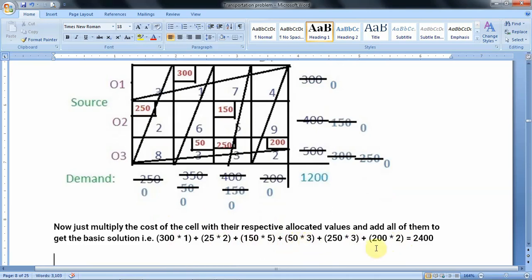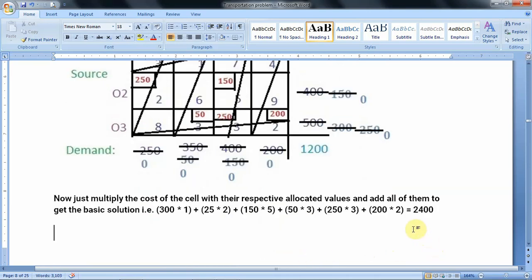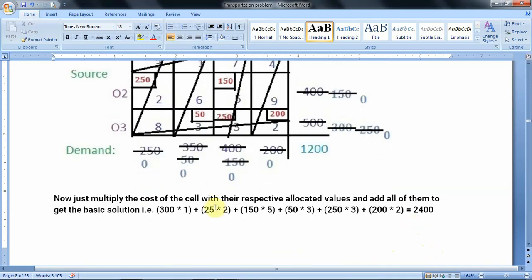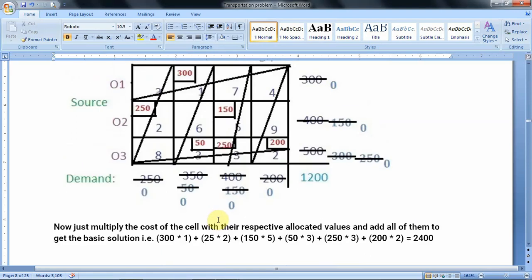That total value is 2400 rupees. That is the minimum cost of the given transportation problem by the least cost cell method.